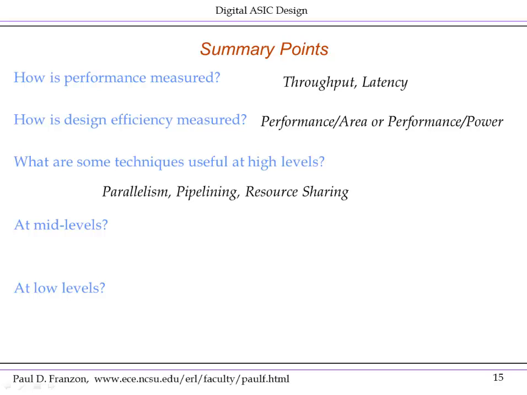How do you do high-level optimization? You've got to exploit the parallelism of hardware. And one way to do this is through pipelining. Resource sharing matters as well. At the mid-levels, it comes down to design before coding. If you've thought through your design and thought through how to make it efficient, then you'll end up with an efficient design.